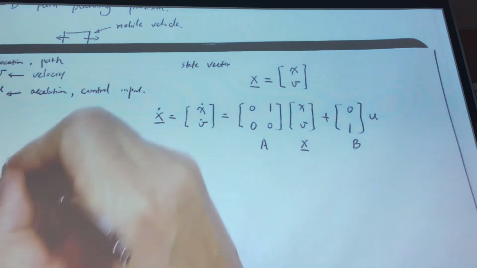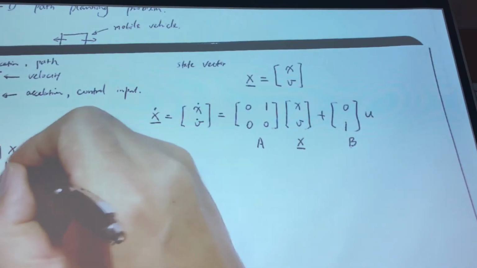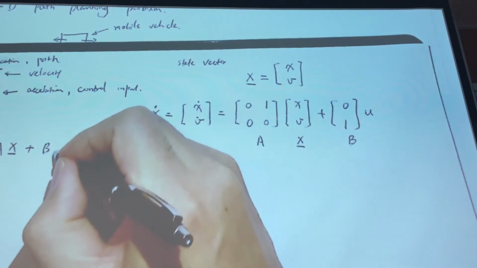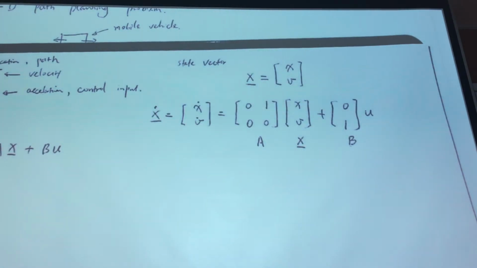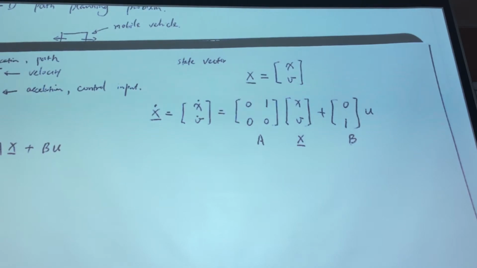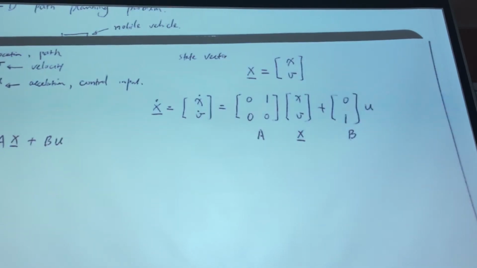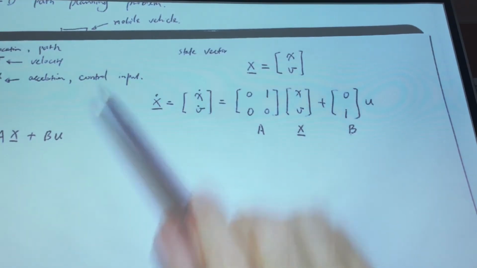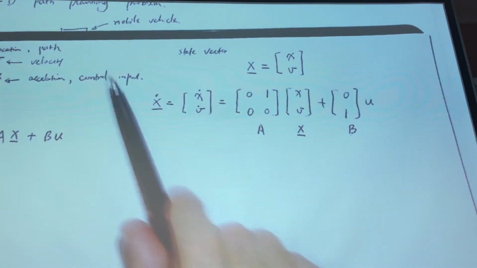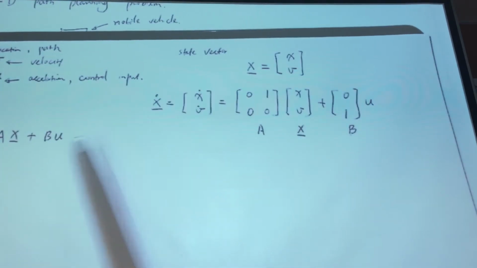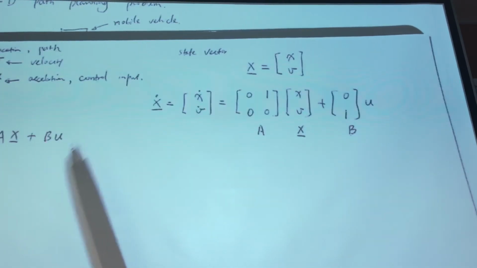It's x dot given by A x plus B u. So far it's nothing new. I think you already learned this, or you are already quite familiar with the dynamic equations in the state space.